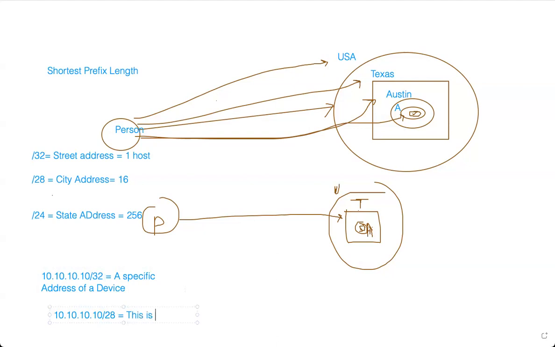This is pointing to a route in a group with more size. This is like pointing to the city address with this group size. So with that analogy, which is preferred, guys? Is /32 preferred or /28 preferred?